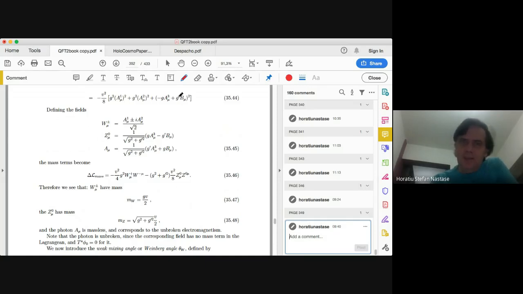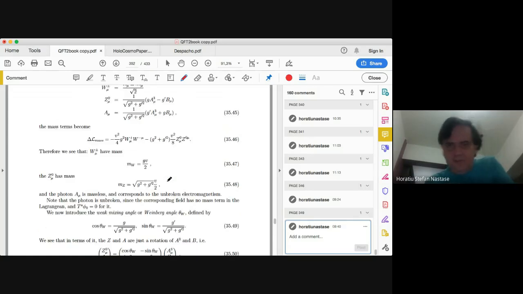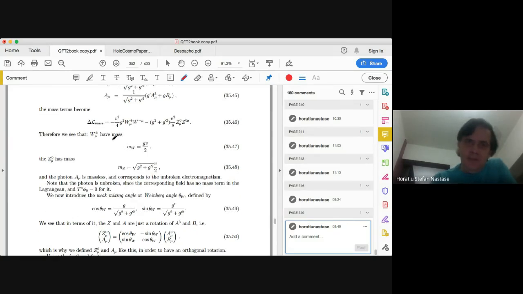And then here I just have the mass term for Z0, so Z0 mu squared times the mass term is now v squared over 8 times this normalization, g squared plus g prime squared. So we see then that the W plus and minus have the mass gv over 2.